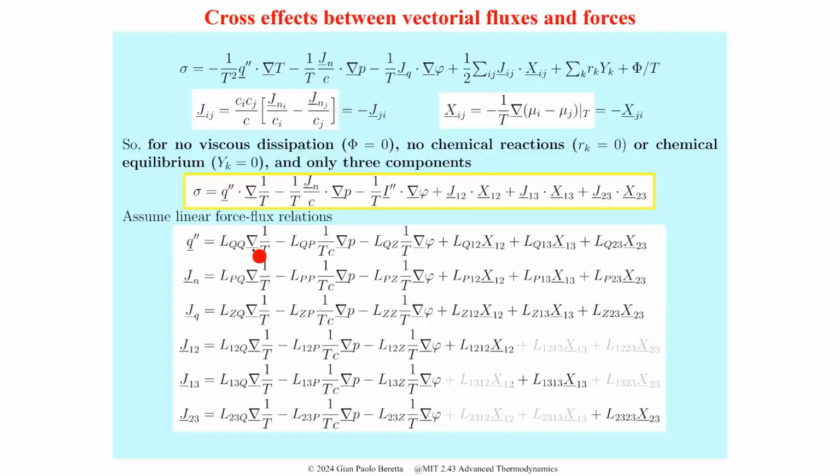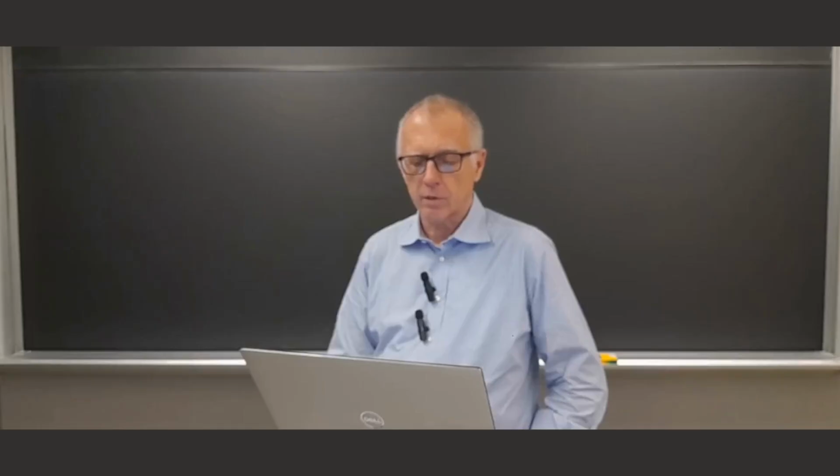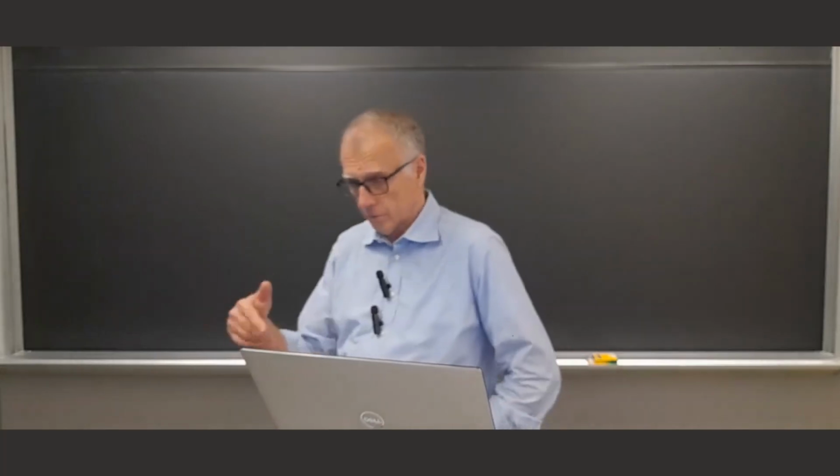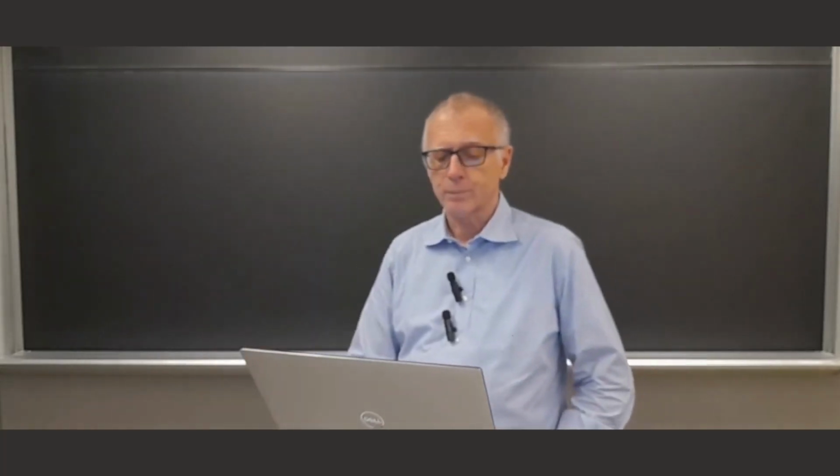And the way the system returns to equilibrium is described by this big matrix. In fact, I didn't put the tensor signs, but each of these is a tensor, because the most general relation between a vector and another vector, even if linear, is through a tensor.